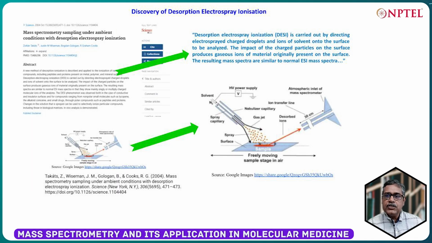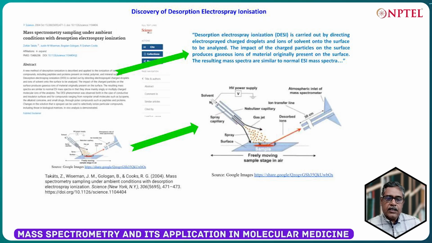The impact of the charged particles on the surface produces gaseous ions of the material originally present on the surface, and the resulting mass spectra are similar to normal ESI mass spectra. So it's not like laser firing, it's a solvent jet that we are giving to the experimental surface, and from there we are taking out analyte in the gas phase.